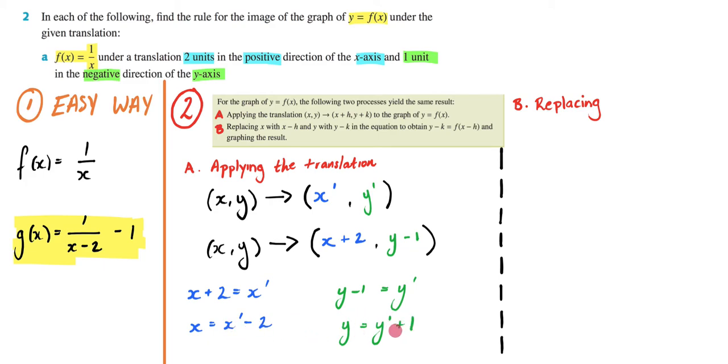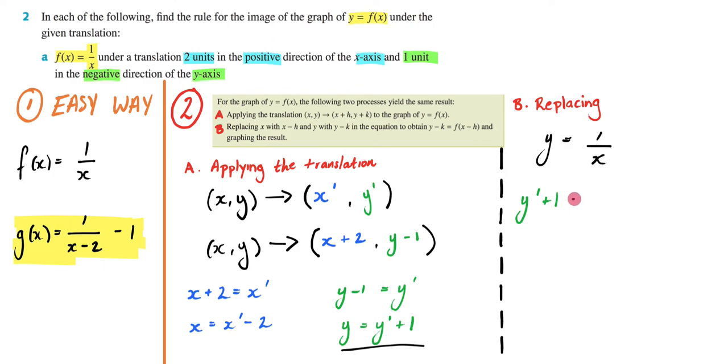So now that I have these, so x equals and y equals, I'm now going to go to the replacing step. Let's remind ourselves that the original graph that we were given was y equals 1 over x. And we know that once the translation has been applied to it, my y will now equal this. So I'm going to come here, and in my y spot, I will write y dash plus 1.